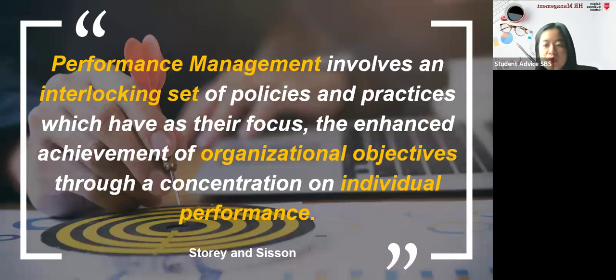So when it comes to performance management, Story and Sessions have stated that performance management involves an interlocking set of policies and practices which have as their focus the enhanced achievement of organizational objectives through a concentration on individual performance.